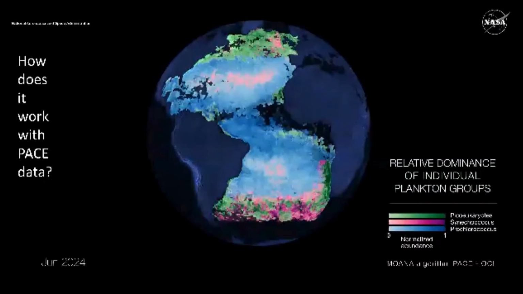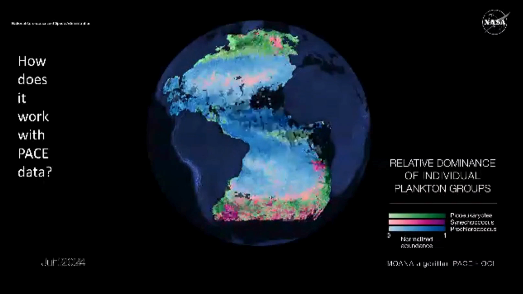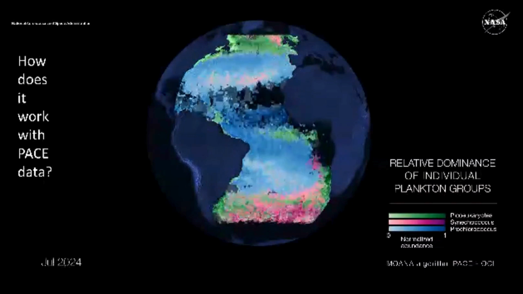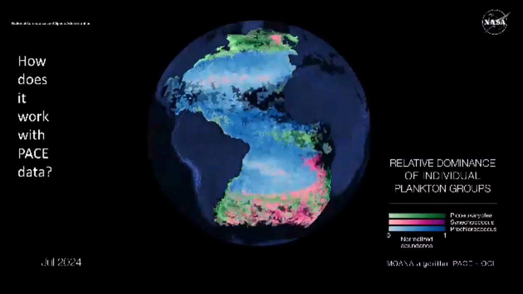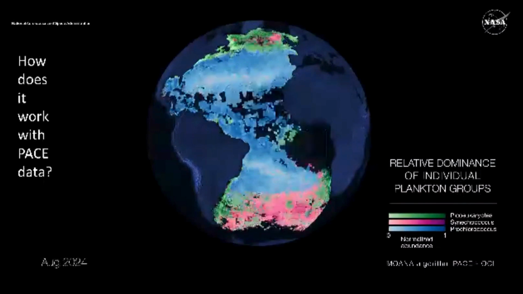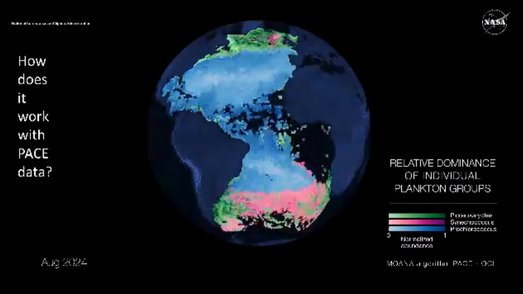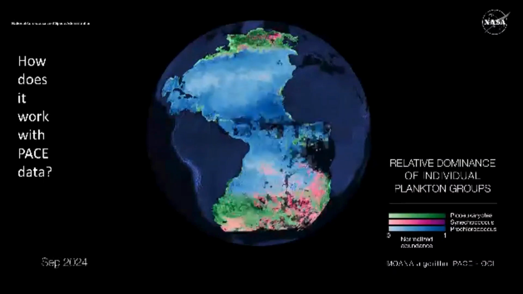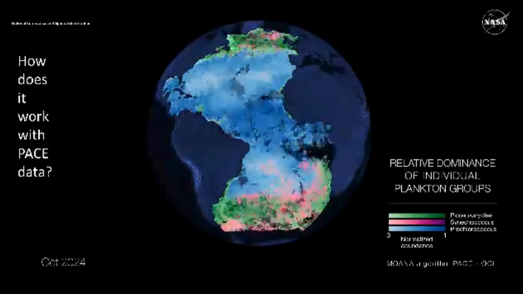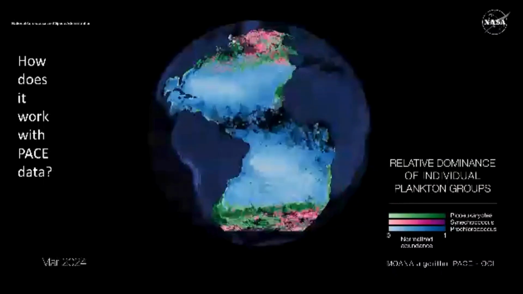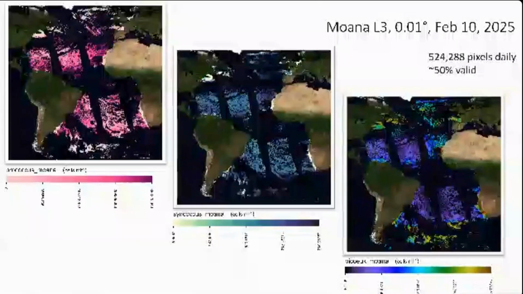And you can see this patchiness appearing and disappearing, a kind of fight, not fight, but exchange between Synechococcus and Prochlorococcus in these oceanic realms of the North Atlantic and South Atlantic gyres. So you can also take the same data and look at it in a different way.